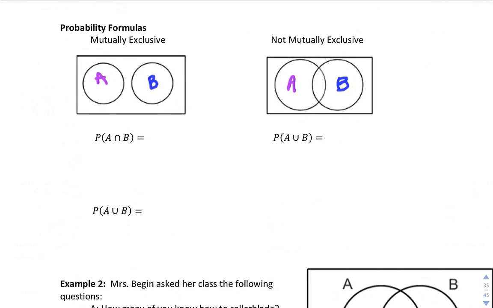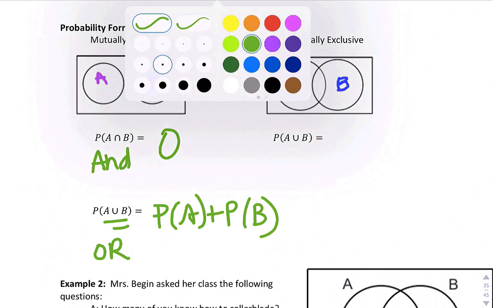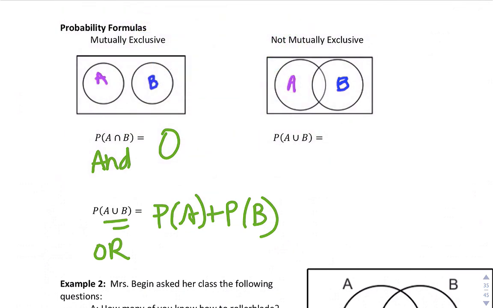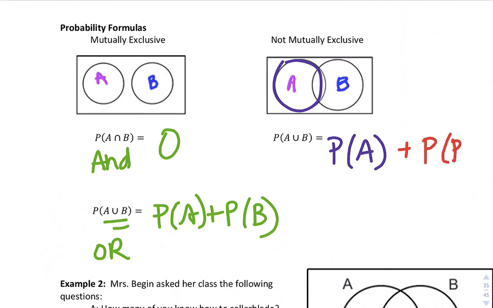To review, for mutually exclusive events, and is the overlap, so if there's no overlap, it's 0. And if there's no overlap, the probability of A or B would be the probability of A plus the probability of B. If they're not mutually exclusive, if there's overlap, then the probability of A or B would be the probability of A, which is this whole circle, plus the probability of B, which is this whole circle.